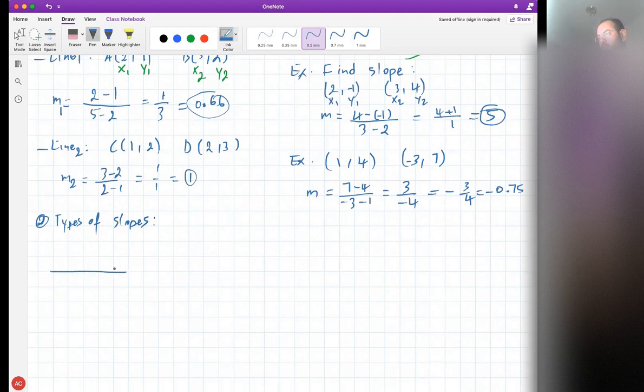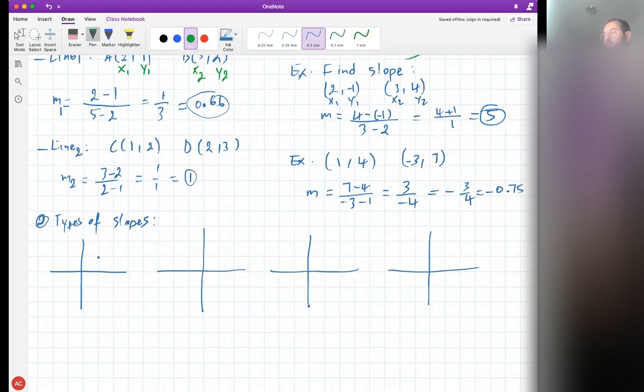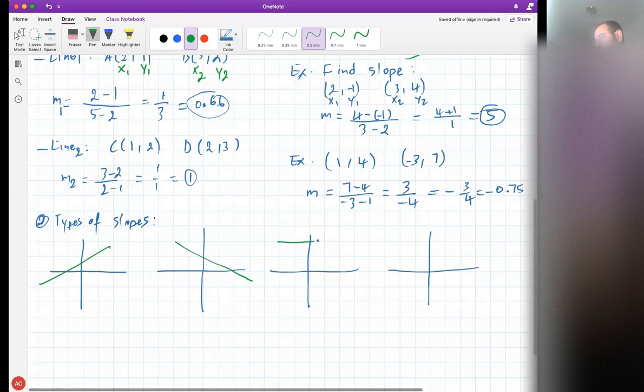I'm going to draw a few lines here so we can visualize the difference. One line goes like this, the other like that. The next one is horizontal, and the last one is vertical. So here are all the possible types of lines or slopes.